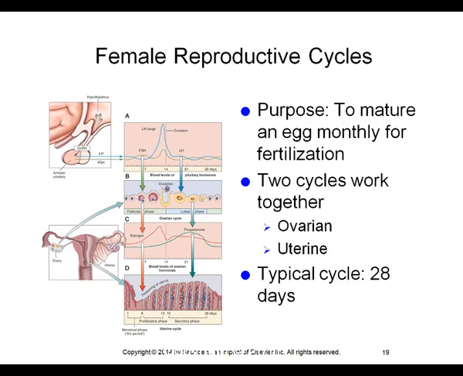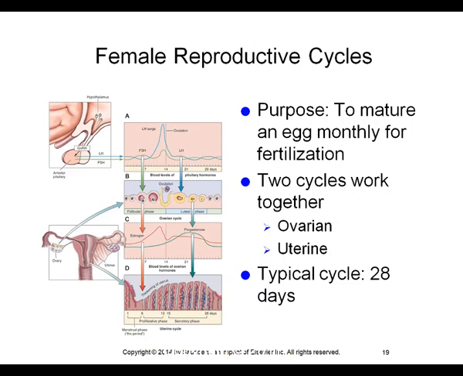Then after ovulation, progesterone becomes higher, and that is because progesterone is secreted by the corpus luteum. So estrogen is secreted by the follicle, progesterone is secreted by the corpus luteum. So you expect more estrogen before and more progesterone after.